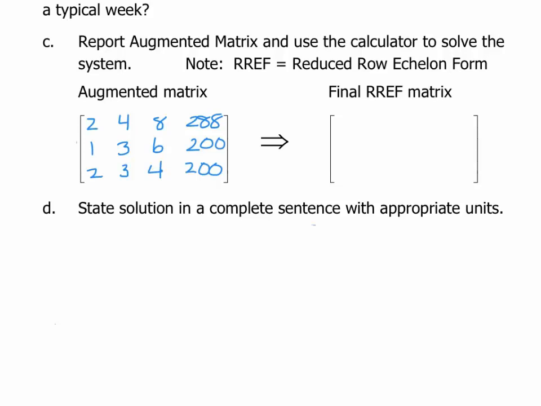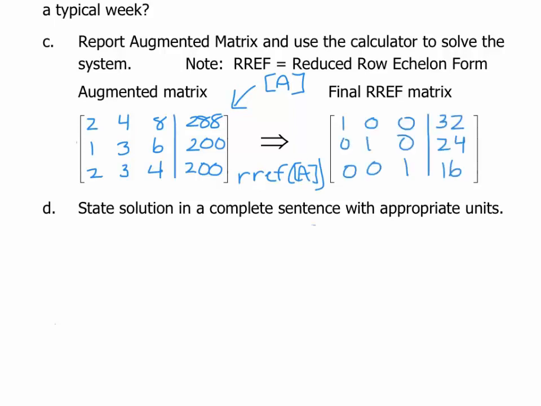Instructions for this are in another video, but basically you're going to enter this augmented matrix into your calculator as maybe your A matrix, and then you're going to tell your calculator to put it into RREF form by doing RREF of that matrix A. When you do, you're going to end up with the matrix where we have 1s on the diagonal, 0s everywhere else.